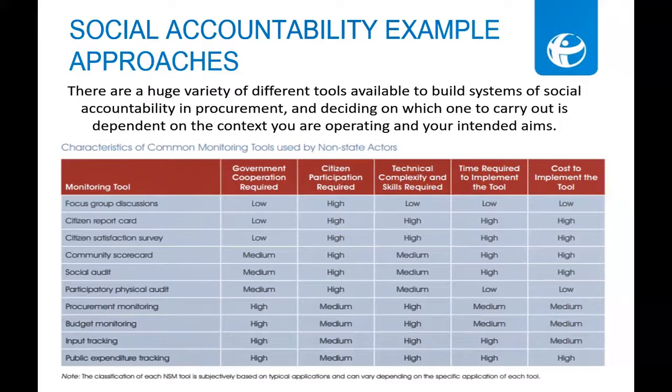We can assess government cooperation required, we can assess citizen participation required, and we can assess technical complexity and skills required, for example. And then we can see if our stakeholders in the country, those that are actually implementing it, the community actors, have these necessary capacities. And then, therefore, we can decide on the best kind of monitoring tool to help them out.